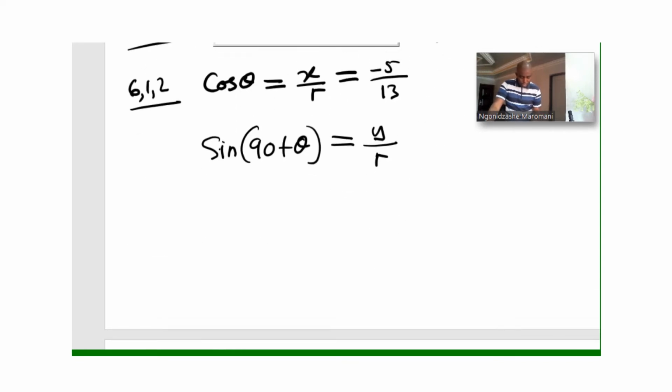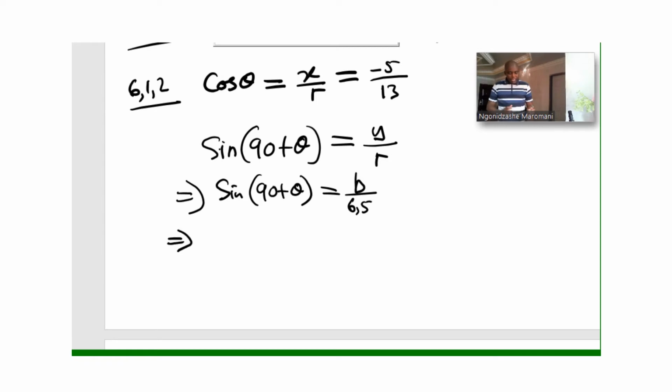Sine 90 plus theta is equals to our y, which is the B that we are looking for, divided by r. R is the radius, and we said the new radius is 6.5, which now implies that we are looking for sine of 90 plus theta.